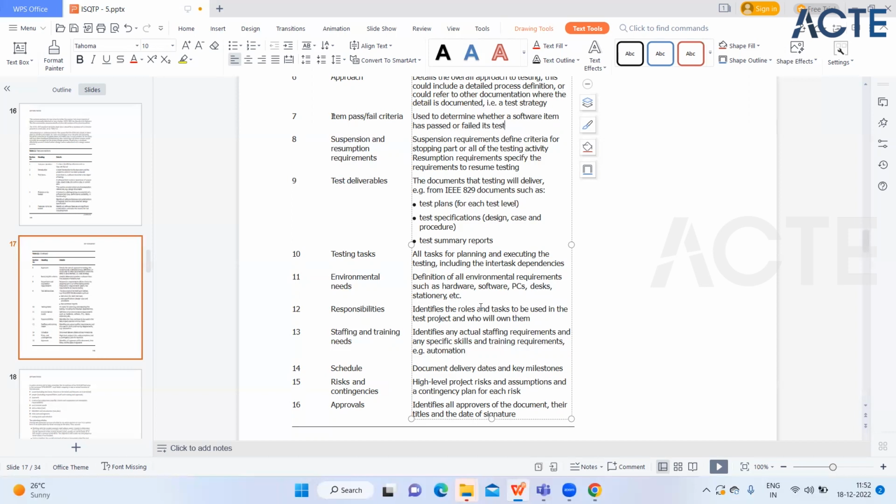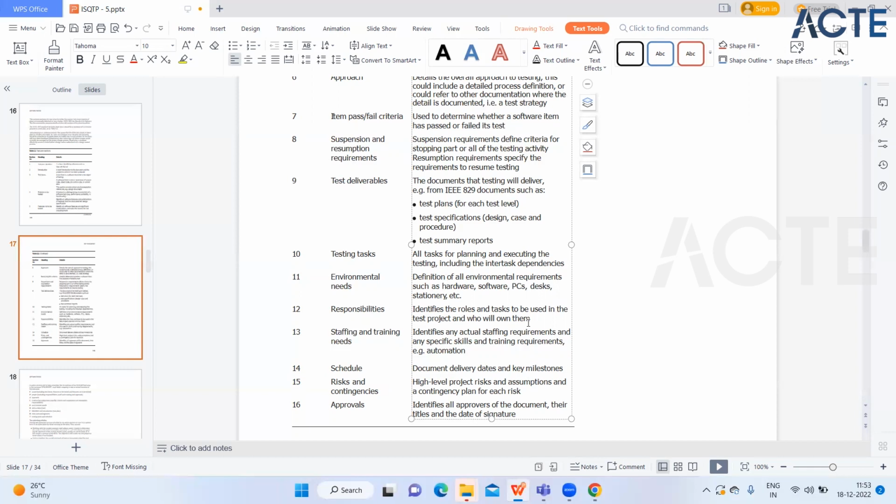After that, we'll be having the responsibilities, which identifies the roles and tasks to be used in the test project and who will own them. So you have defined every task, now who will be responsible for everything. For example, testers, developers. You have to define everyone's name under this responsibility section, like who will do what.